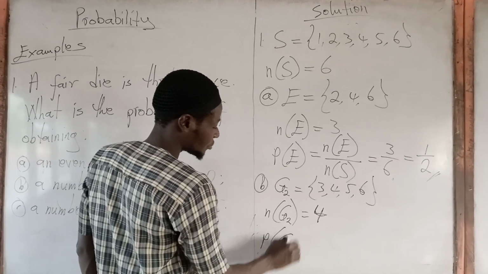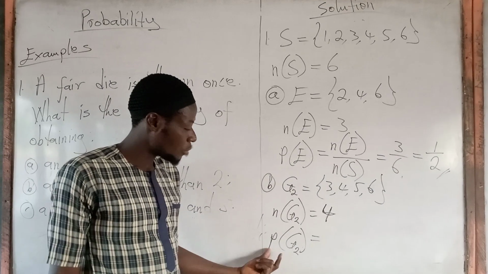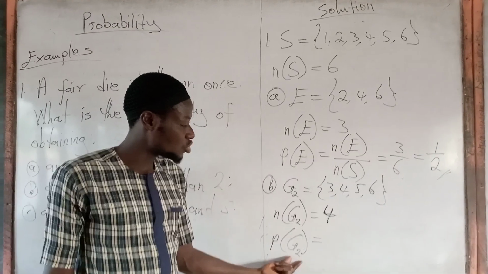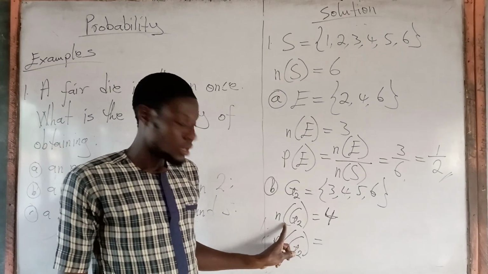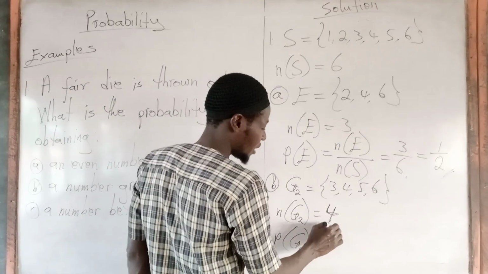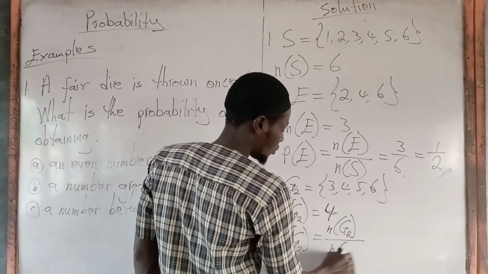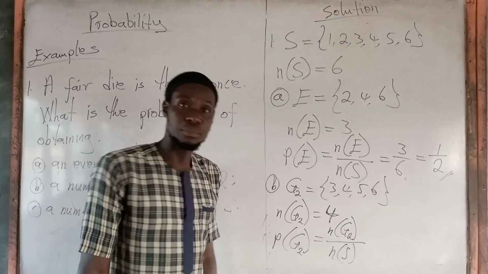Then we find the probability of obtaining a number greater than 2. It will be the n of numbers greater than 2 divided by the number of elements in the sample space.